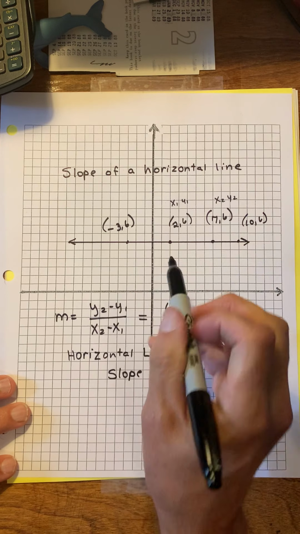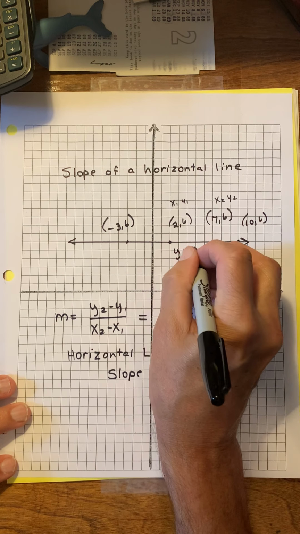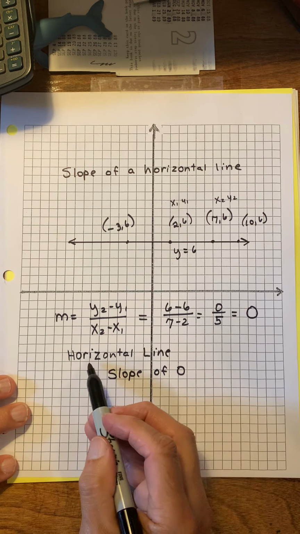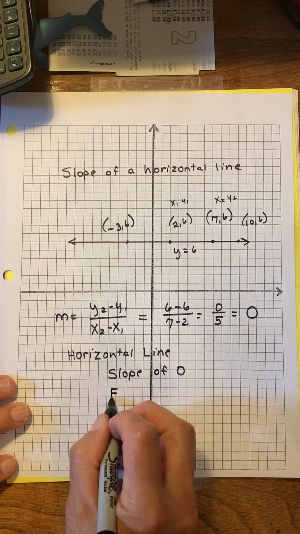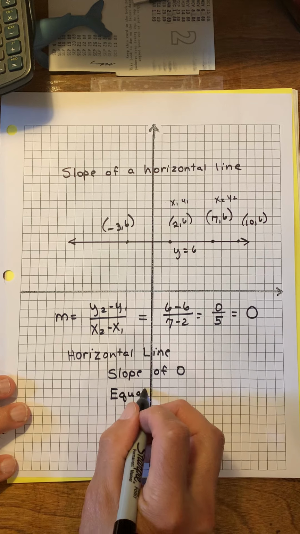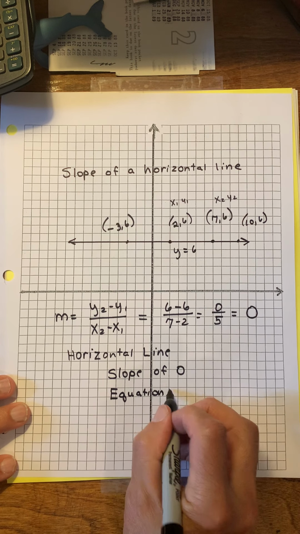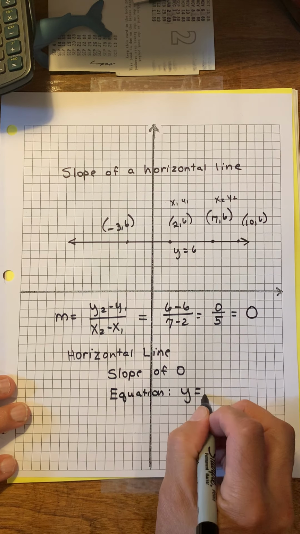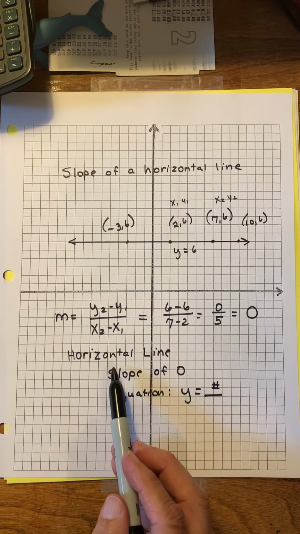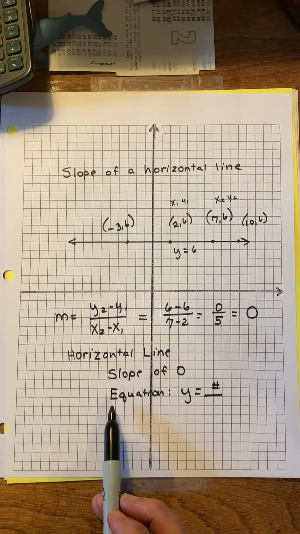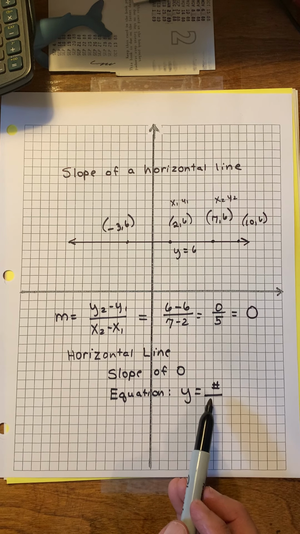The equation of this line is y equals 6. So every horizontal line has a slope of 0, and the equation y equals something, some number. So every horizontal line will have a slope of 0 and the equation y equals some number.